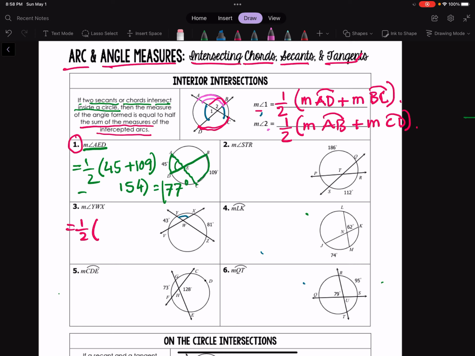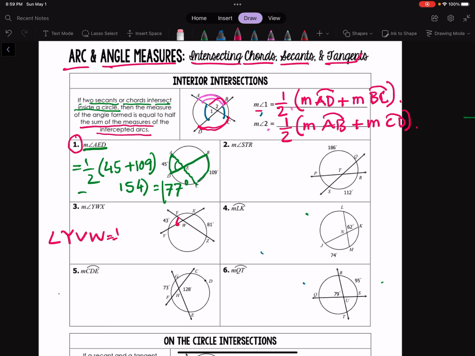From this formula, given this intercepted arc and this intercepted arc, we can find this angle. Once we find this pink one, this whole thing is 180, so we can subtract and get YWX. So we have 43 for YWX, and now we are calculating the angle YVW, this one.